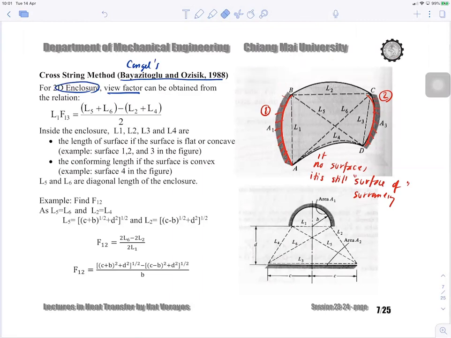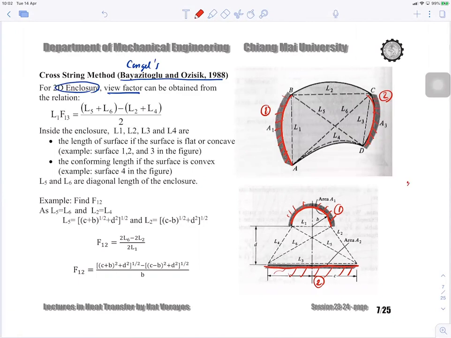Let me clean this out first. If we have a surface area 1 like that, and the area 2 like that, and I say this is an enclosure, you might ask, how on earth can it form an enclosure? It's not an enclosure at all, it's just two surfaces standing apart.